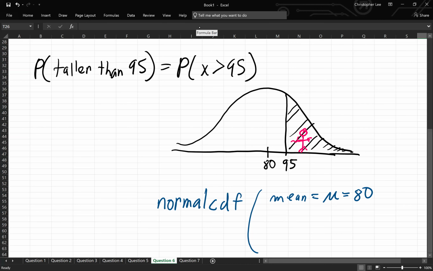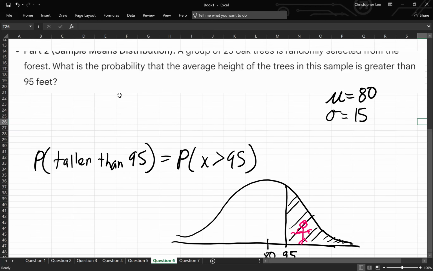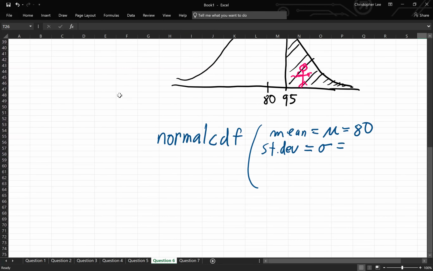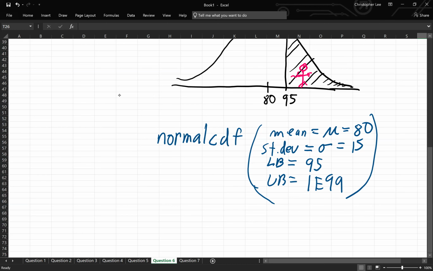I need the standard deviation, which in our case is sigma, which is 15. And then our lower bound, 95. So there's no upper bound, so you should have 1E99. Then you click enter.